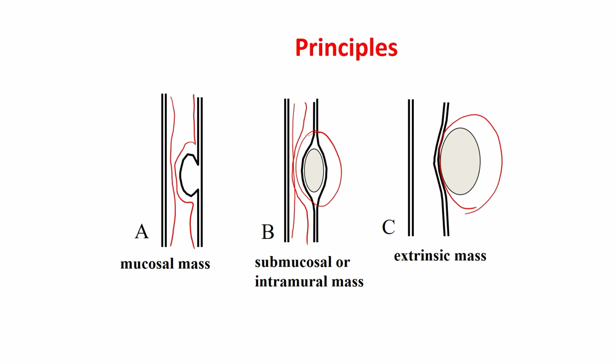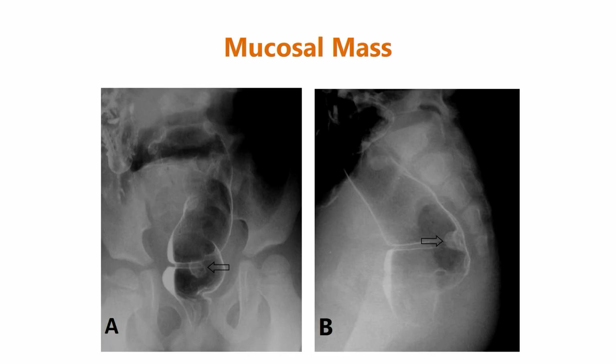Sometimes the masses are extrinsically located, which cannot be appreciated very well in the plain radiograph. So, lining of the contrast agents internally will also help to understand whether the mass is intrinsic or extrinsically present. This is the mucosal mass. Now, you can see the mucosal mass lining, with different densities here, where it is very well understood.